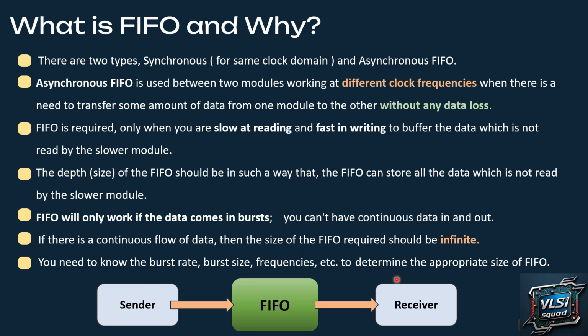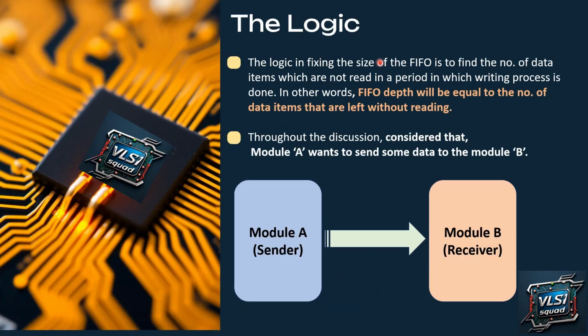When the sender sends to the receiver, FIFO will help the receiver to receive the data that is sent by the sender, which is coming in bursts, and the sender will send at a much higher rate than the receiver. We need burst rate, burst size, frequencies, etc. to determine the appropriate size for our FIFO. So what is the main logic here?